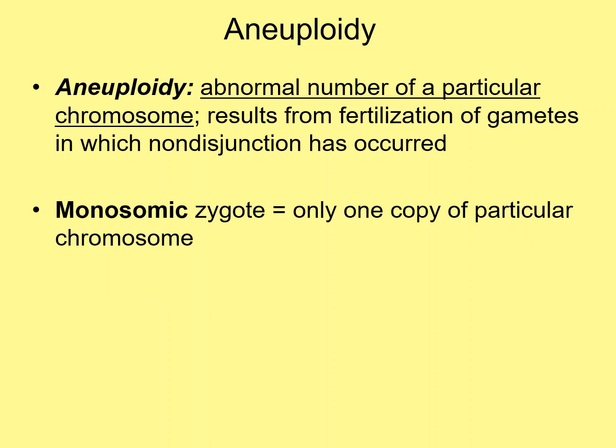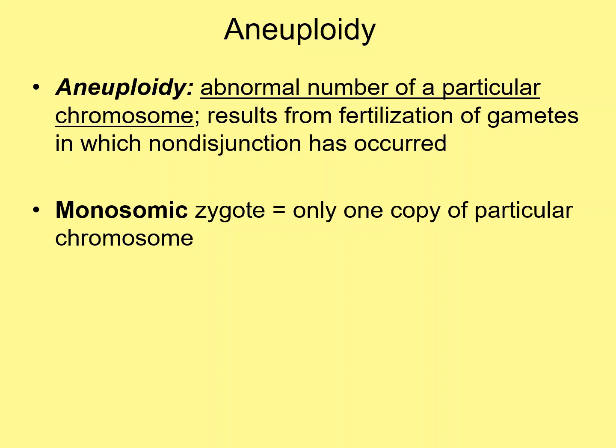If you're a monosomic zygote, then you are an individual that has only one copy of a particular chromosome. In many, many cases, this is a fatal condition because, as I mentioned earlier, missing information tends to be deadly rather than having extra information.